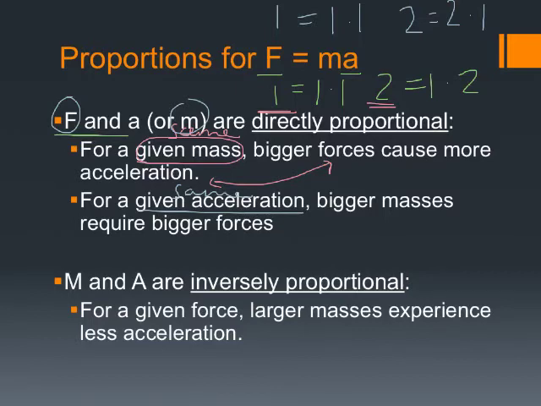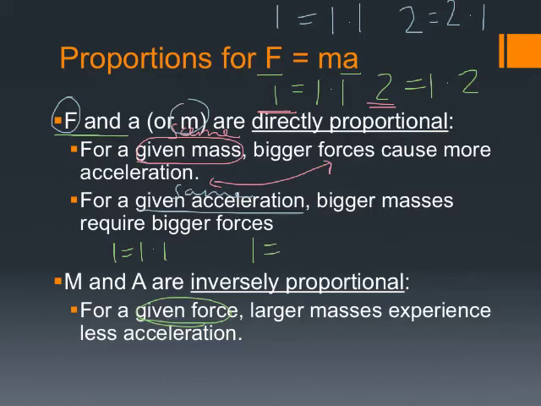So if you think about it, what's harder to move? Something really big or something really small? And essentially the effort you put into making it move is related to the force. All right? Now, the tricky thing is mass and acceleration are inversely proportional. So this is saying that for a given force, all right, so we're starting with 1 equals 1 times 1, force is going to stay 1.